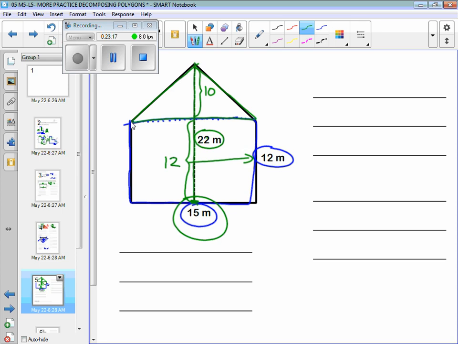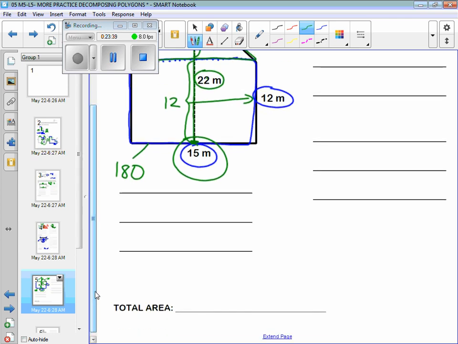All right, rectangle first. 15 times 12. That'll get you 180 for the rectangle. And then this is 15 times 10 divided by 2. And that'll make 75. And then you add 180 and 75 together. And you get 255 square meters.